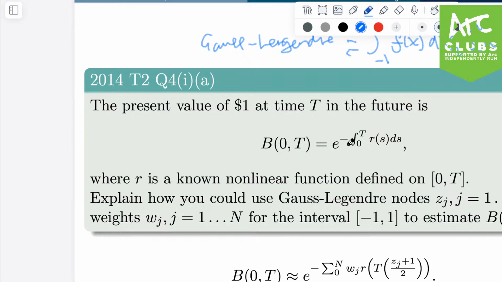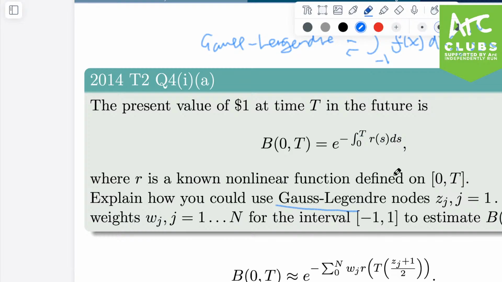The challenging part of this question is we actually want to evaluate this integration from 0 to t. But this Gauss method only works from -1 to 1. So you want to think about how you can apply something you approximated from -1 to 1 to something from 0 to t. And it's not overly hard.